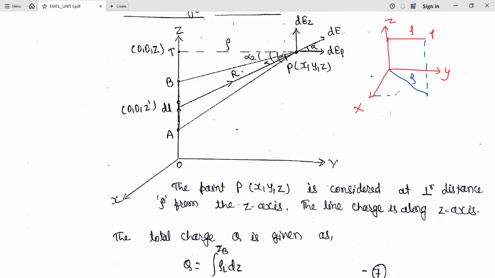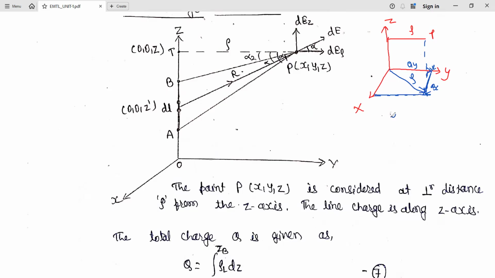So finally, if you find the coordinates of this, this length is y and this length is x. So this rho can be written in terms of x and y, with the ay and ax unit vectors. So the head of one vector joins the tail of another vector, and the head and tail both together give the resultant.